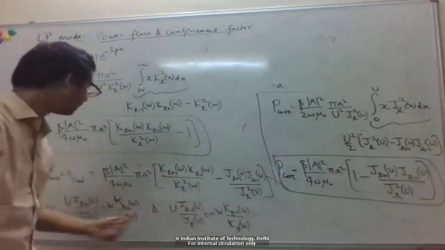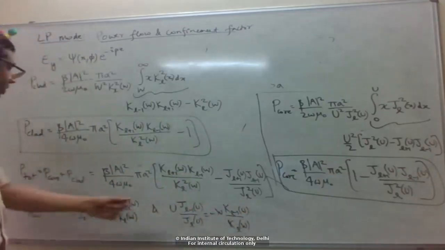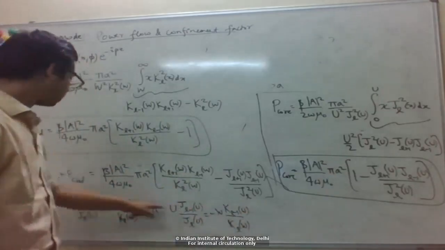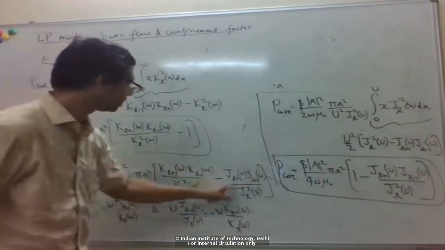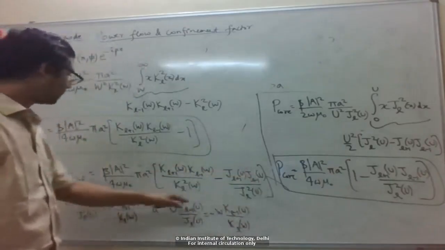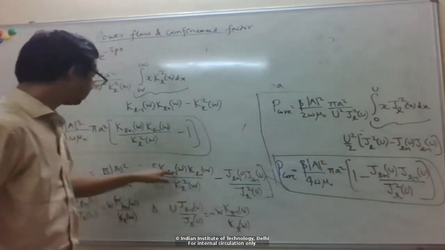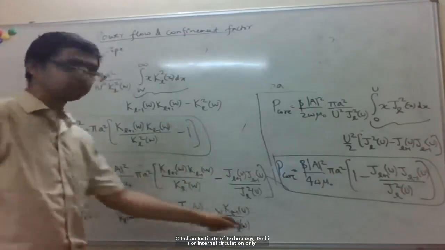If I multiply these two equations, on the left hand side I get JL plus 1 times JL minus 1 by JL square, which is this. On the right hand side I have KL plus 1, KL minus 1 by KL square.